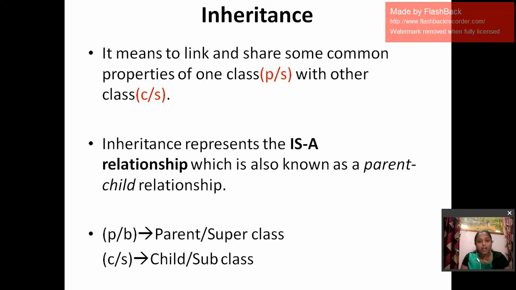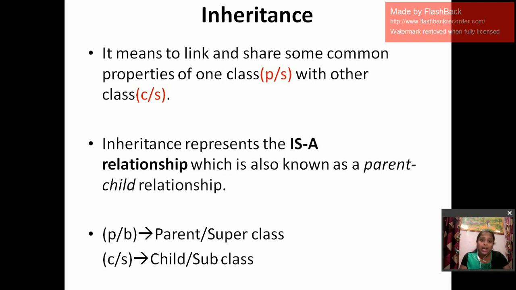So this concept is actually inheritance in object-oriented programming. What is that? If a new class is created with all or some properties of an old class, then this mechanism is inheritance.